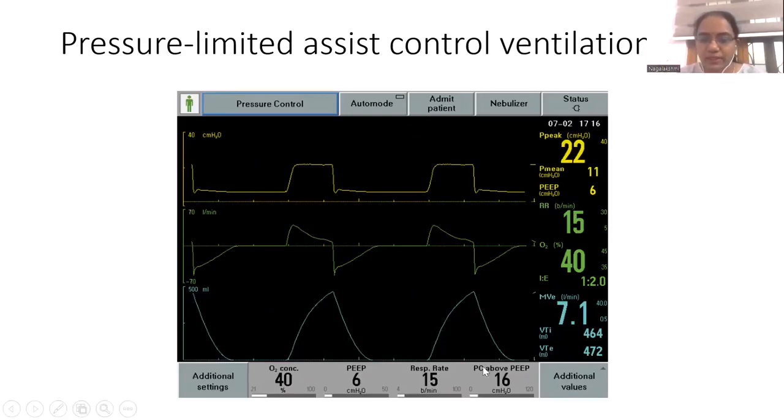So the pressure is fixed and the volume is variable. If you see here, the peak pressure is 22, which is an addition of the peep and the pressure control which we have set. And also you can see the varying tidal inspiratory volume and tidal expiratory volume. This is about the pressure control ventilation.